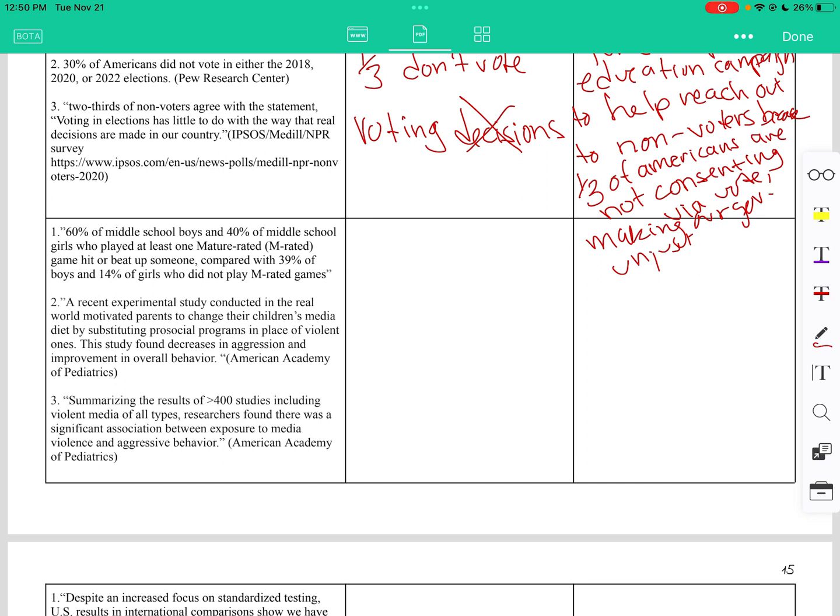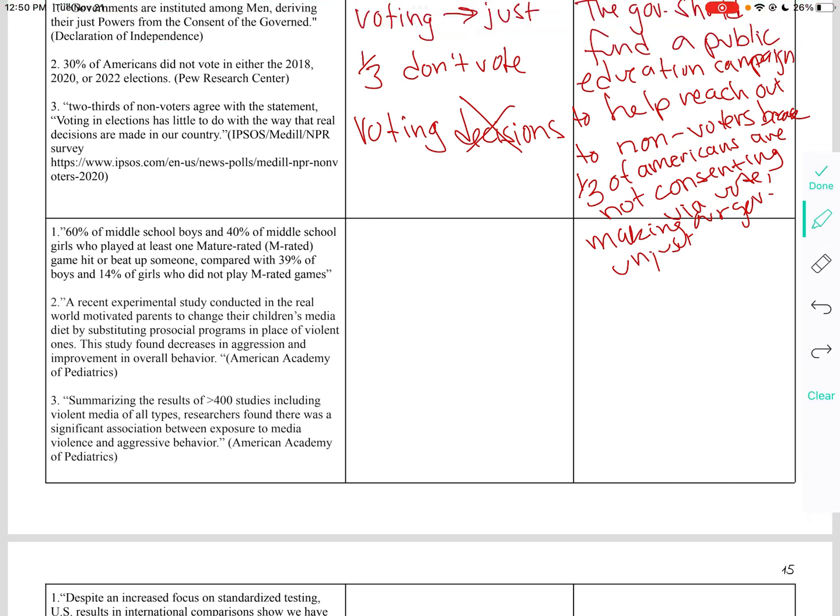If we look at this next one, what we're going to do is practice looking at some keywords, right? So if I look up this first quote right here, 60% of middle school boys and 40% of middle school girls played at least one M-rated game, hit or beat up someone, compared to 39% of boys and 14% of girls who did not play M-rated games. So here we see 60 as compared to 39% and 40 as compared to 14%. We're talking about M-rated games, right?